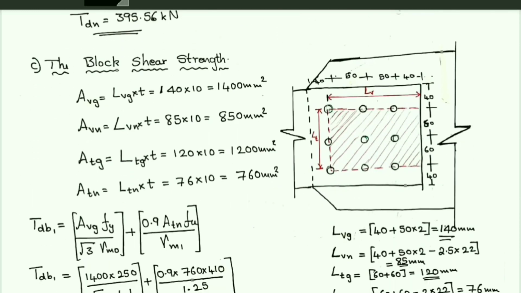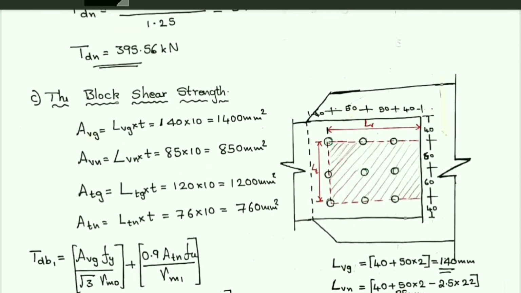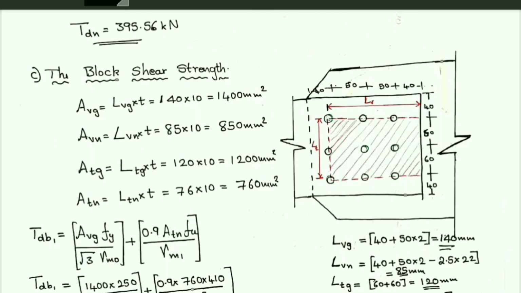Next one, the block shear strength. For the block shear strength, first we need to find AVG, AVN, ATG and ATN. The block shear failure will occur like this, in this line. This part will get separated from the plate.